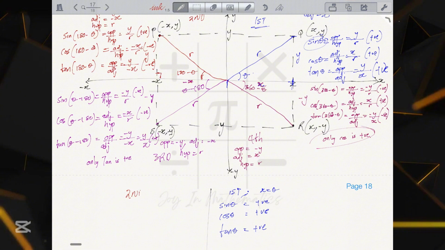Second quadrant, the acute angle in this case here is 180 minus theta. So we can write this for the second quadrant, that sine 180 minus theta is what? Is equals to sine theta, which is an acute angle, and we will call this what? This is positive.